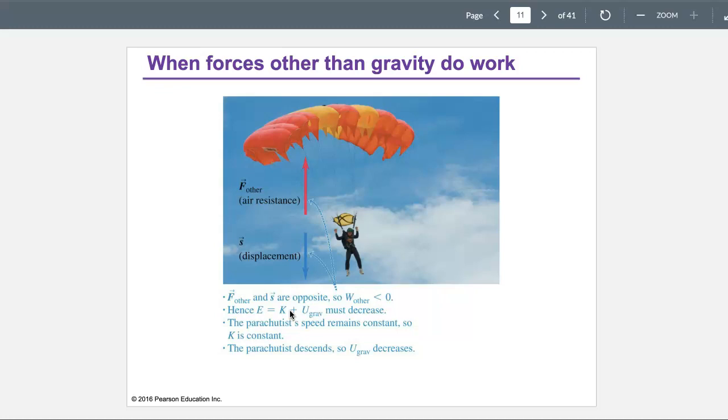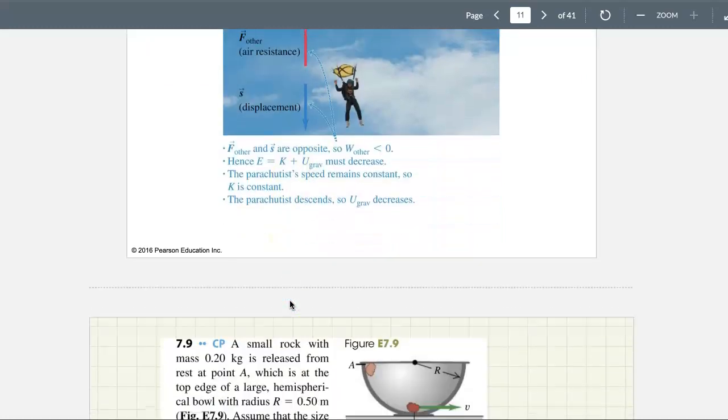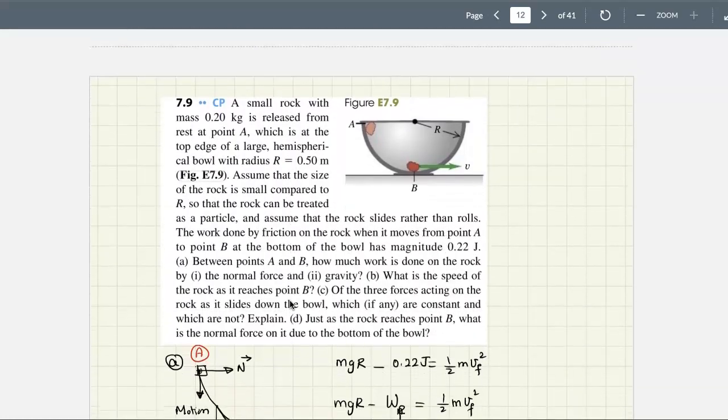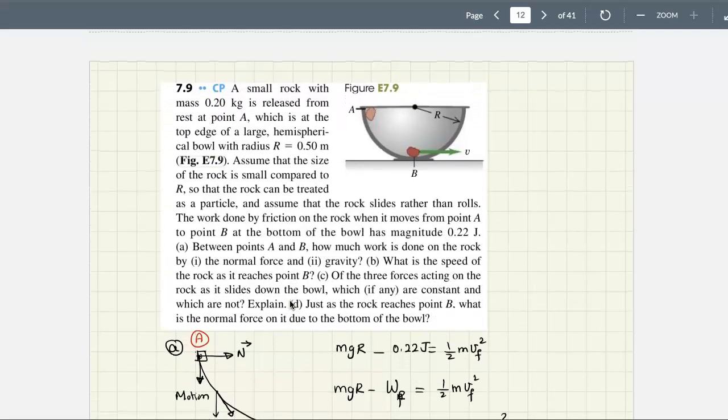We need to include this in the conservation of energy, because the total energy E is going to decrease. Why is it decreasing? Because other forces are doing work that we cannot reuse again, or they are converting energy into other forms that we are not able to reuse.